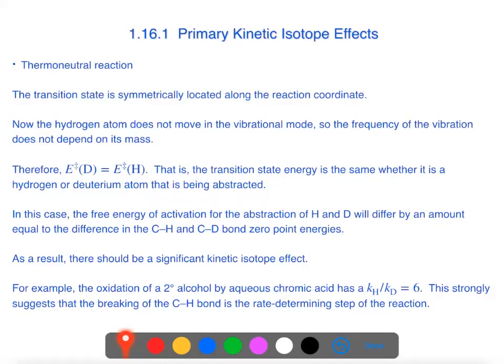As in the example we started this lecture with, the oxidation of a secondary alcohol by aqueous chromic acid has a kinetic isotope effect of approximately 6. This strongly suggests that the breaking of the CH bond is the rate determining step of this reaction. So let's look at the energy diagram for this thermoneutral reaction.